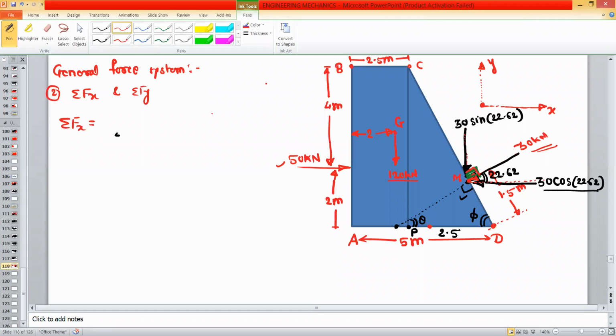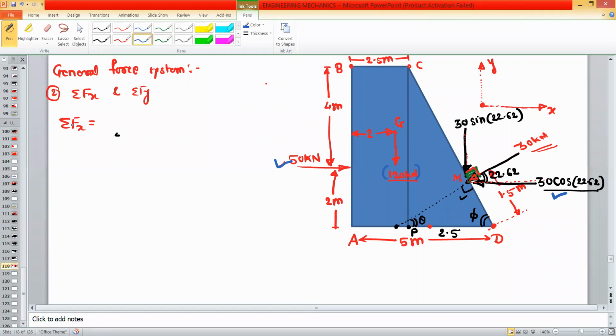So just observe the forces acting in the X direction. So one is 50 kilonewton acting in the positive X direction. Okay. There is no component of this force 120. So next force in the X direction is 30 cos 22.62. But its direction, it is in the negative X direction.